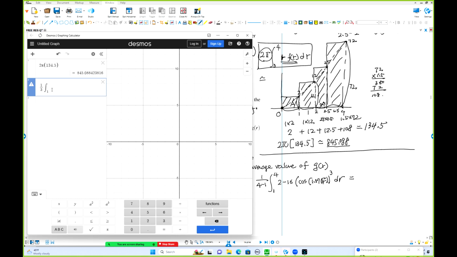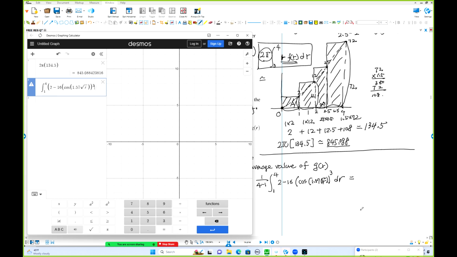And the integrand is 2 minus 16, we need the parentheses. 2 minus 16, and the parentheses again, cosine, parentheses again, 1.57 and the square root of R, outside we have the cube over here, right?